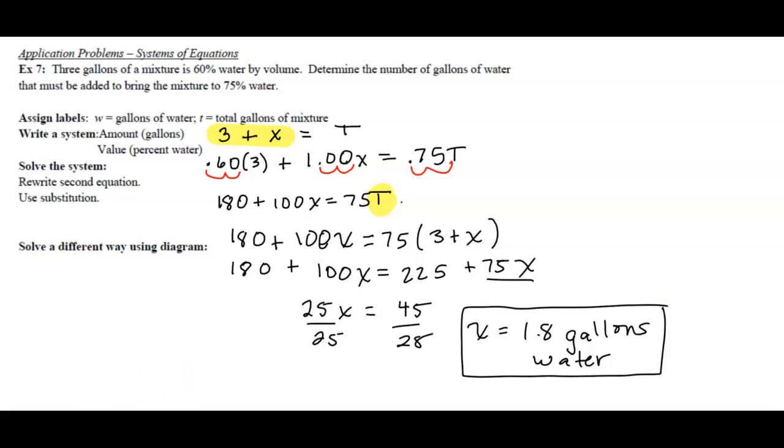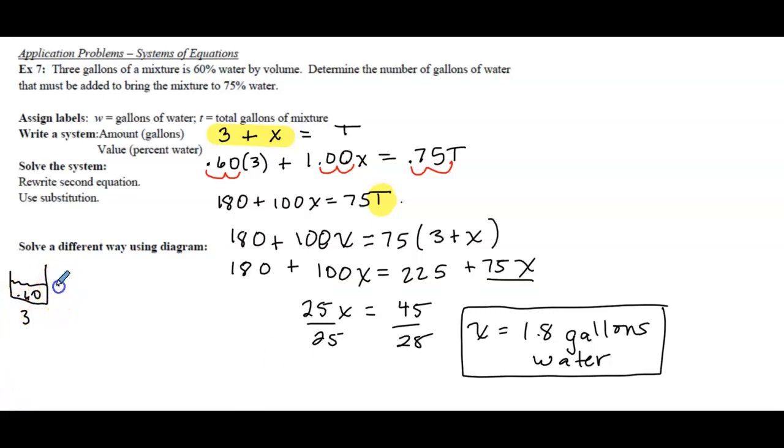I want to show you a different way to do this using a diagram. So here's my mixture, and this mixture is 60%, and of that mixture I have 3 gallons.